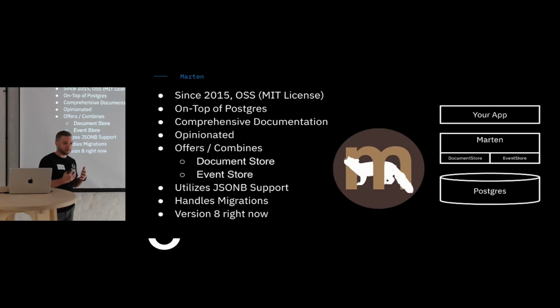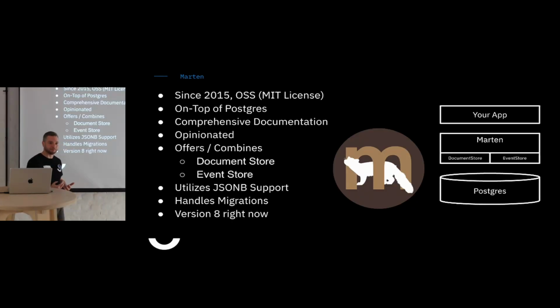It offers and actually combines the possibilities of a document store and an event store. And if you're wondering what is a document store, it's usually NoSQL, so MongoDB, for example. So we just save JSON documents. And that's already what Marten heavily uses. It's the support of the JSONB.